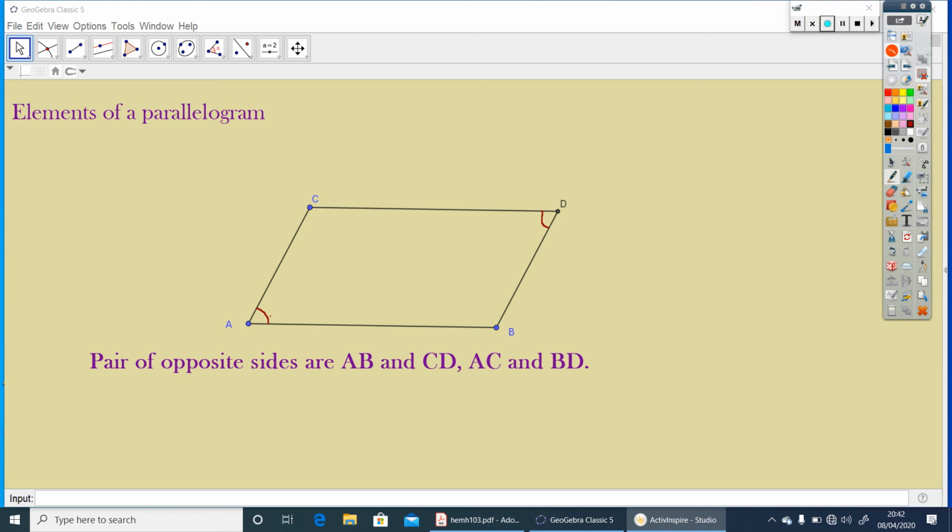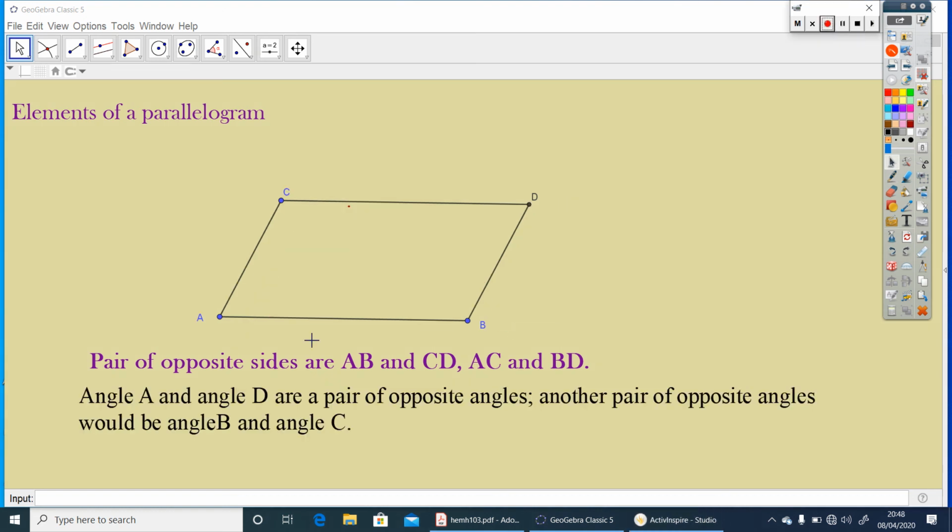What are they? Yes, it is angle B and angle C. Angle A and angle D are a pair of opposite angles. Similarly, angle B and angle C are the other pair of opposite angles.